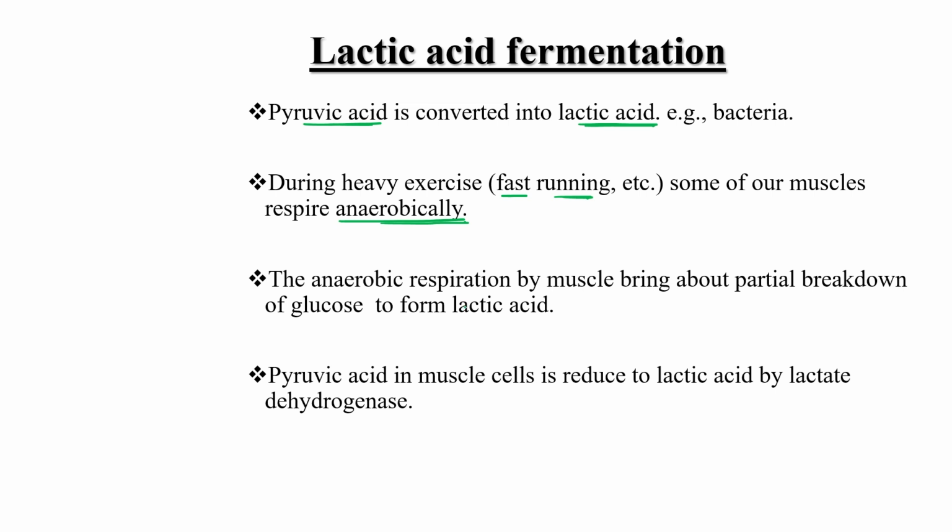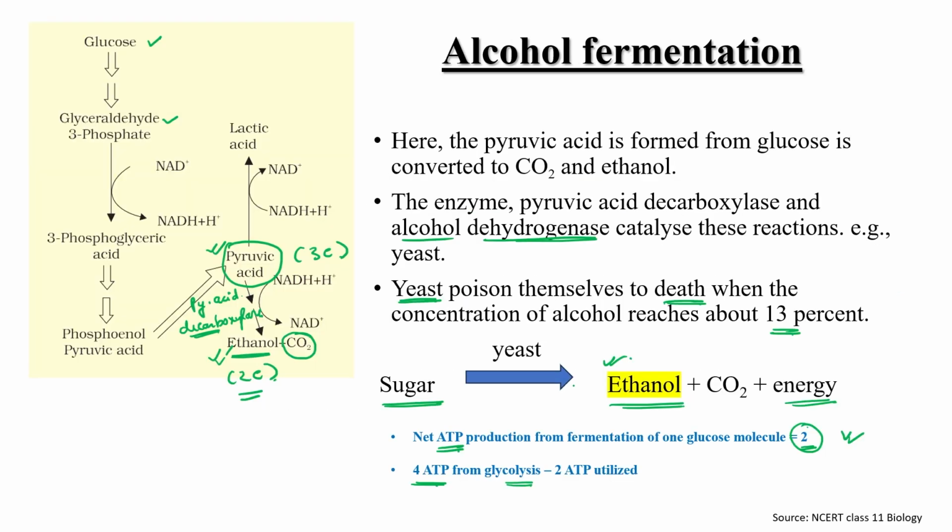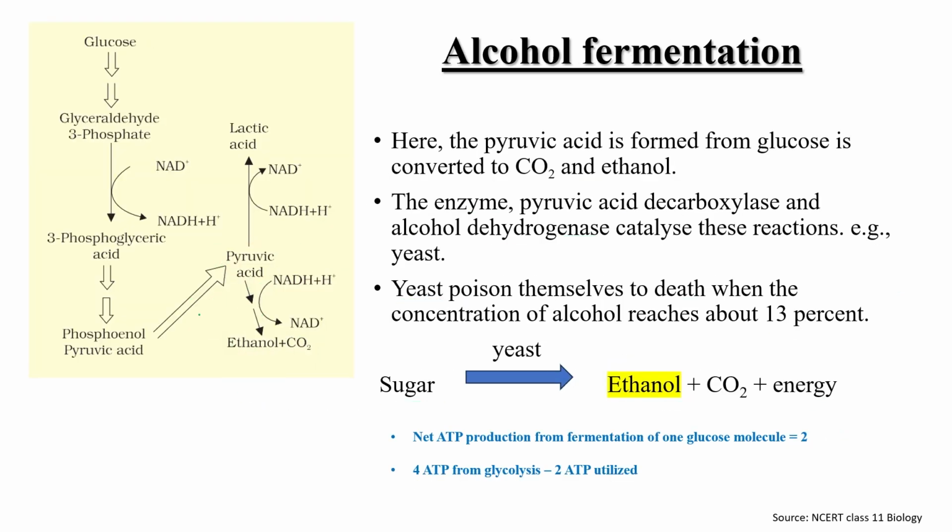Okay, so anaerobic respiration by muscles brings about partial breakdown of glucose to form lactic acid. Pyruvic acid in muscle cells is reduced to lactic acid by lactate dehydrogenase. So, these are the steps of glycolysis. All the steps of glycolysis.